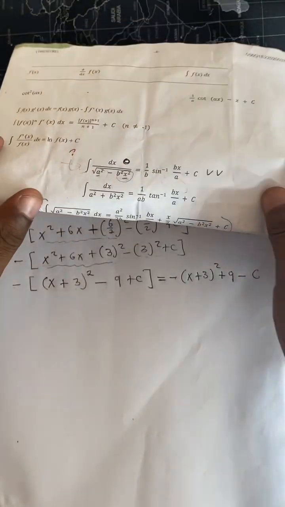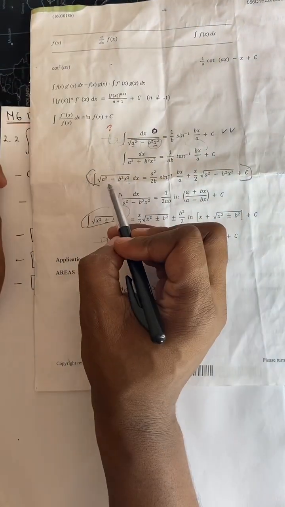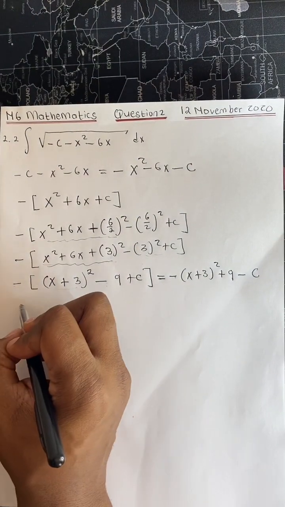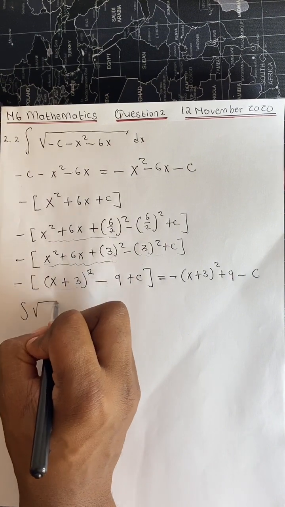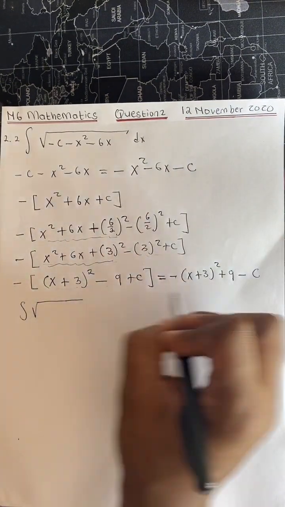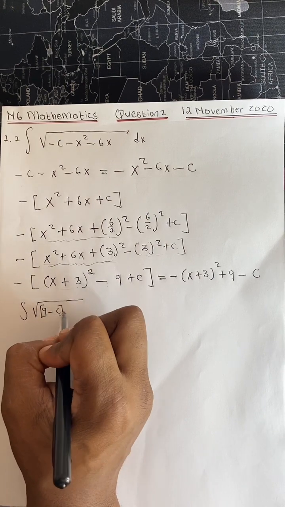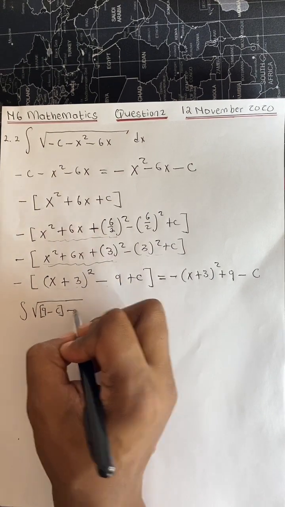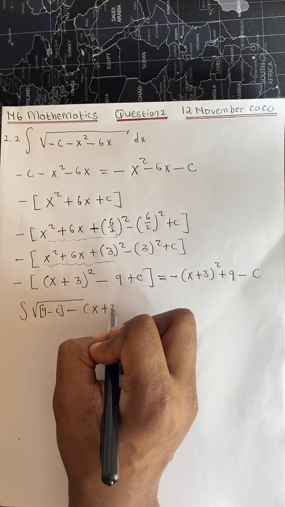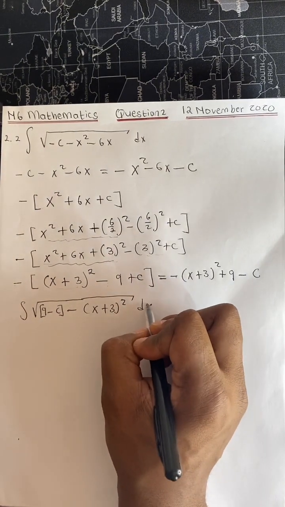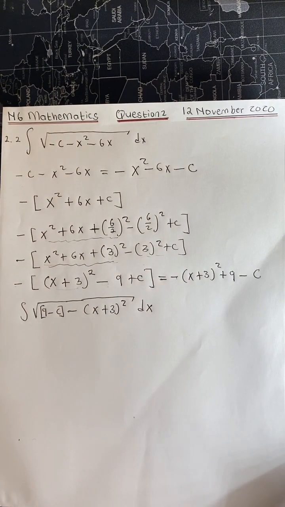So we have to use this other one, which has negative attached to the x. So we have the square root of 9 minus c minus x plus 3 squared dx.